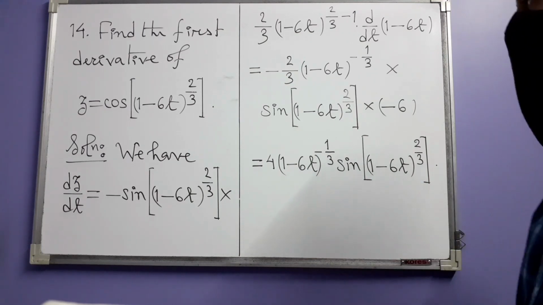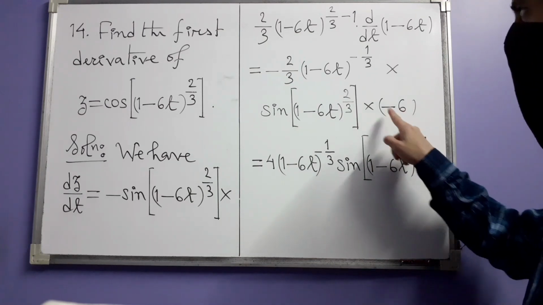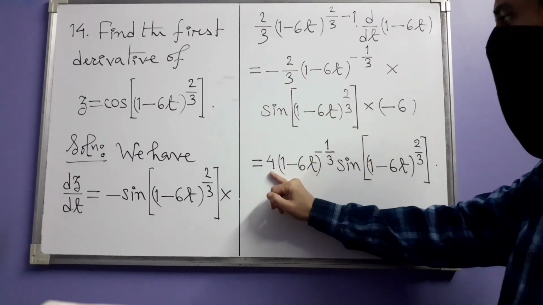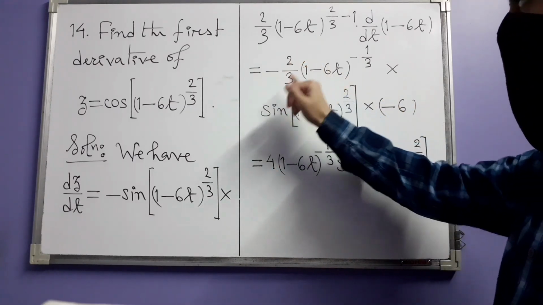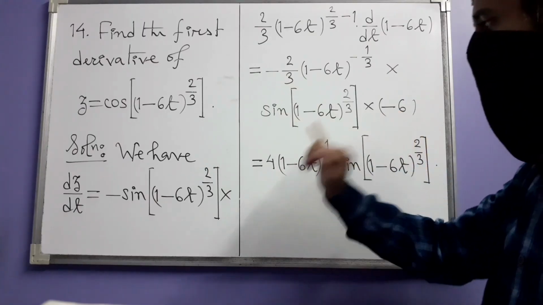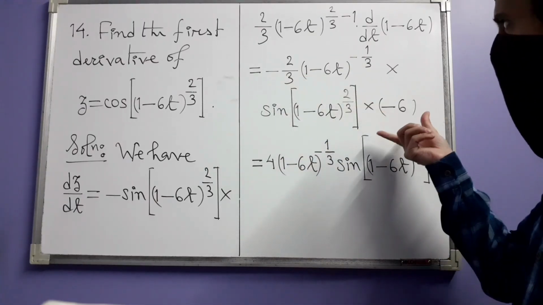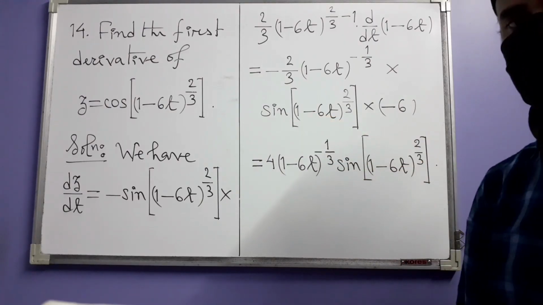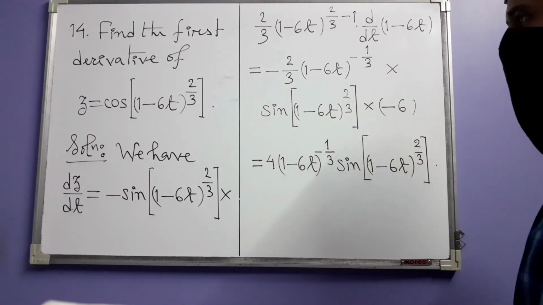You already know how. So here you are getting minus 6. Now if you do cancellation and do the calculation here, minus 2 divided by 3 times minus 6 is 4. So 4 times this times sine of this, that is the derivative.